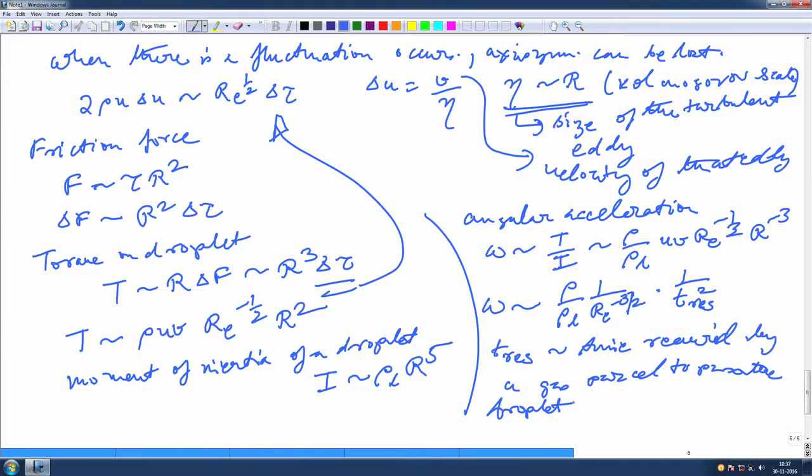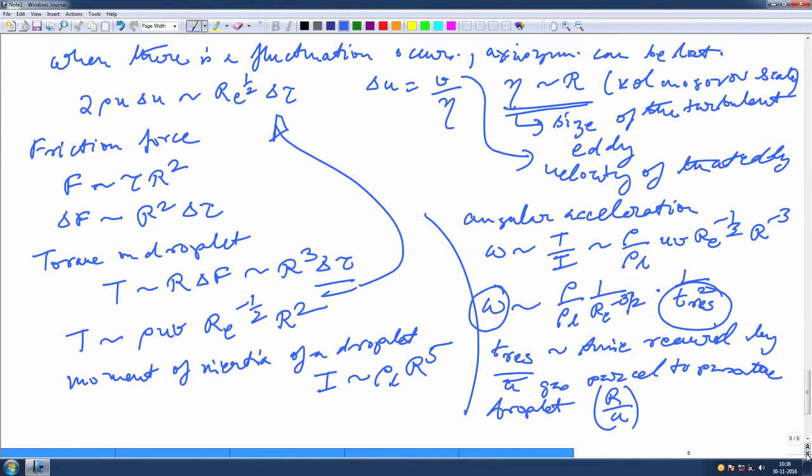And this residence time, as you can rightly guess, can be given as r by u, r being the relevant diameter, right. So, with u, that is the traversing time that it actually takes. So, the tau residence time is this. So, the angular acceleration that is created is basically equal to 1 over the tau residence time.